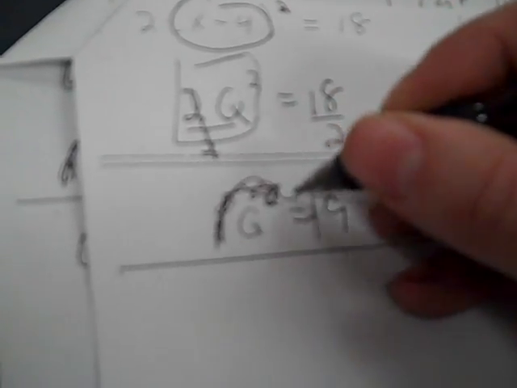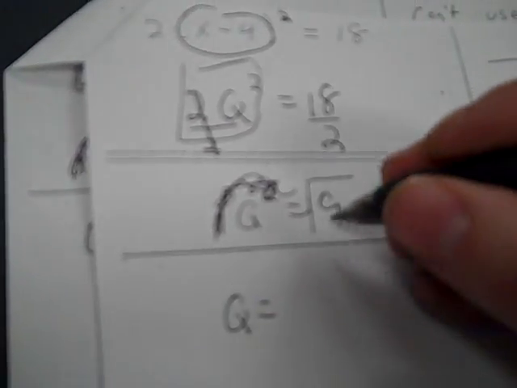Now I don't really have to add or subtract. I do need to divide by 2, and q to the second equals 9. And then I find the square root of both sides. So that cancels. And remember, that could be a positive or negative, and the square root of 9 is 3. So 3 and negative 3.